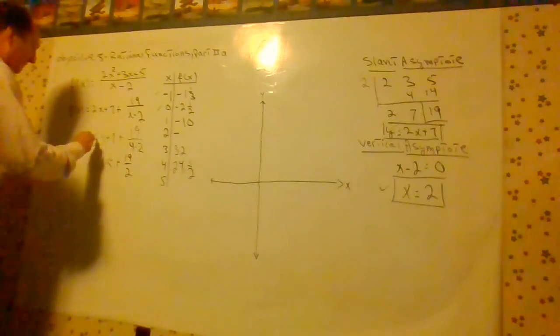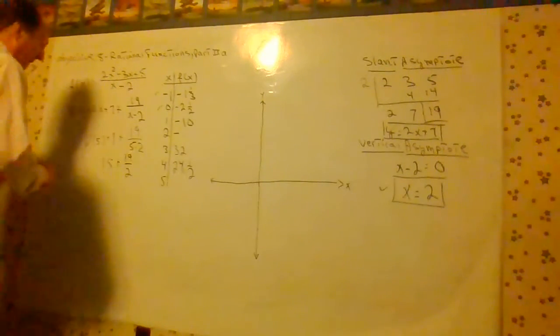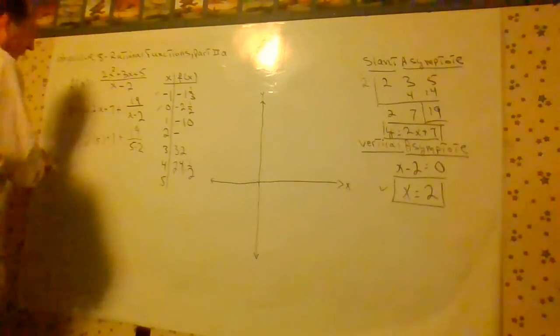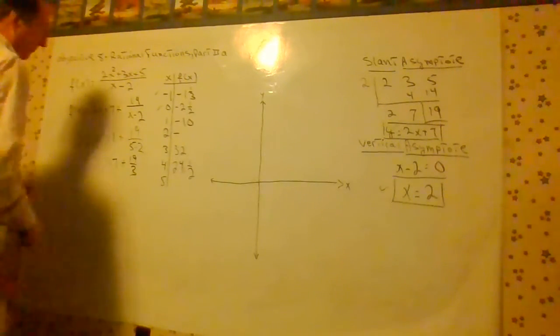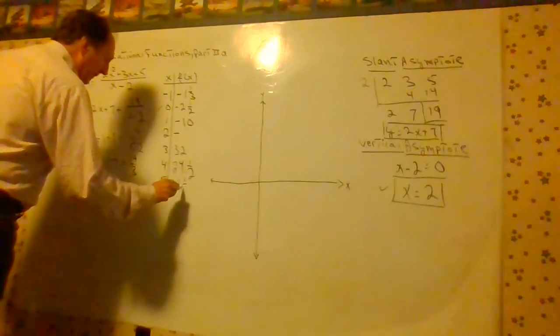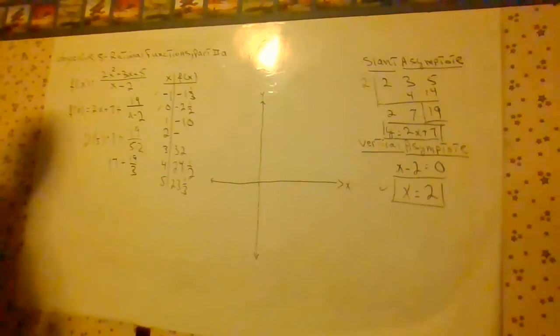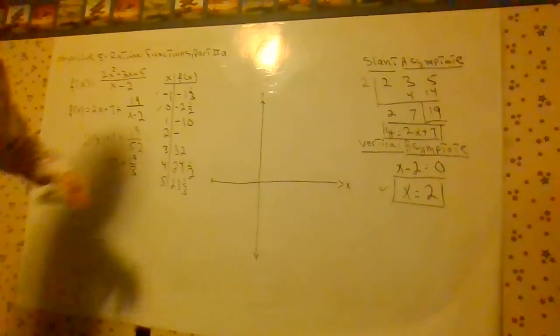Substitute 5. And let's see, 10 and 7 is 17, plus 19 thirds, that's 6 1/3, so we get 23 1/3. So y has to go from negative 10 up past 30.